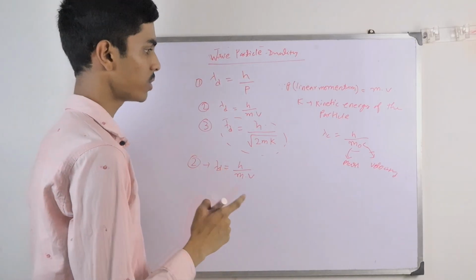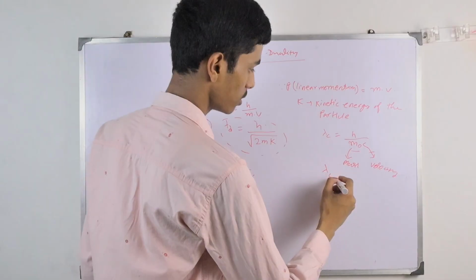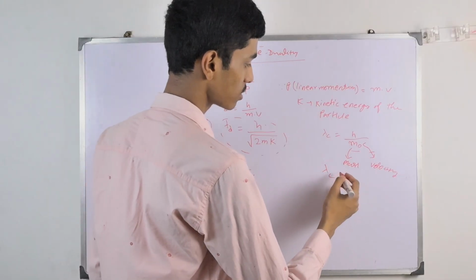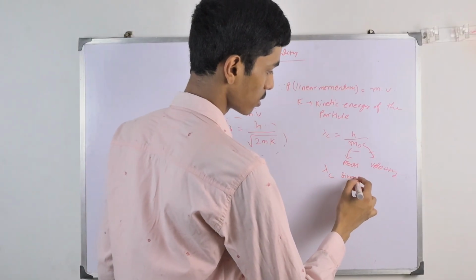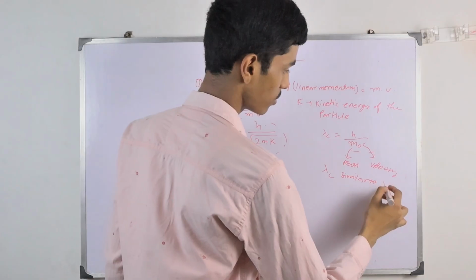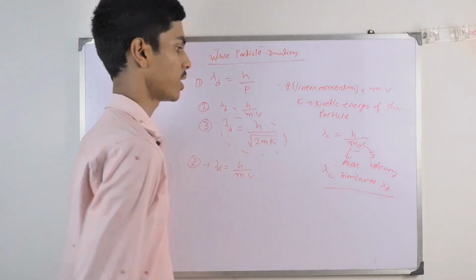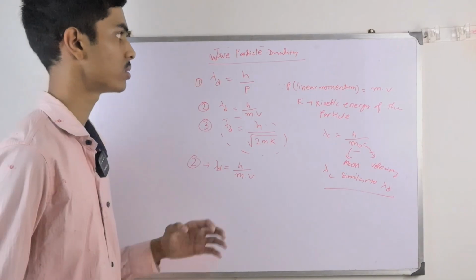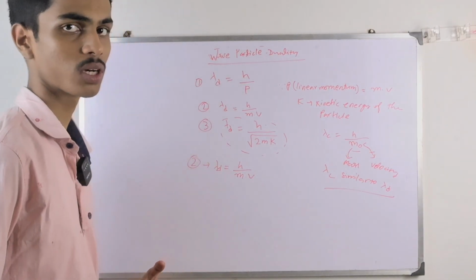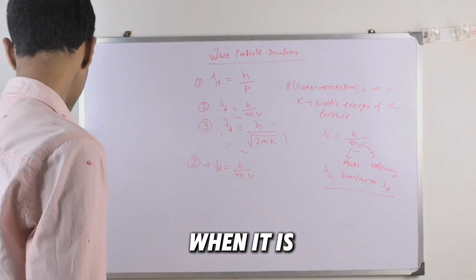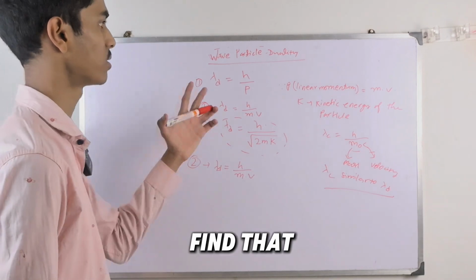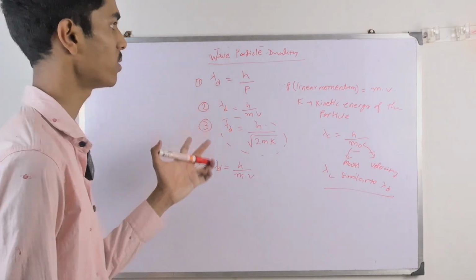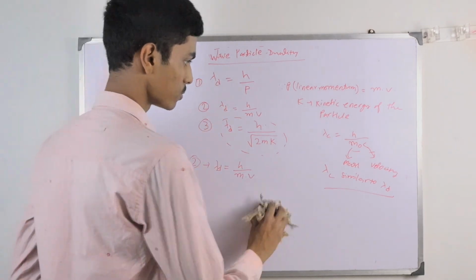Now you will be able to see that lambda c is similar to lambda d. De Broglie wavelength is introduced to study the further behavior of the particle when it is found that it shows both wave and particle nature.